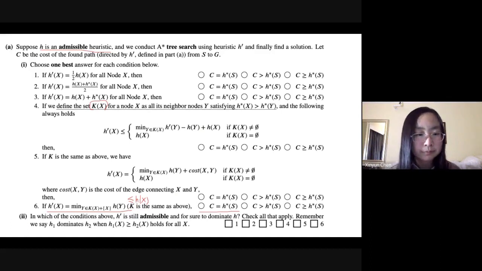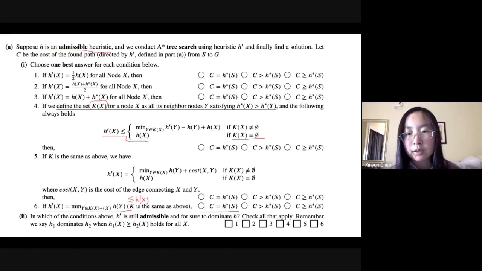Then for parts 4 and 5, we know that when the set K is empty, we can again know that H prime is no greater than H. So in this sense, such nodes satisfy the admissibility condition that we need.